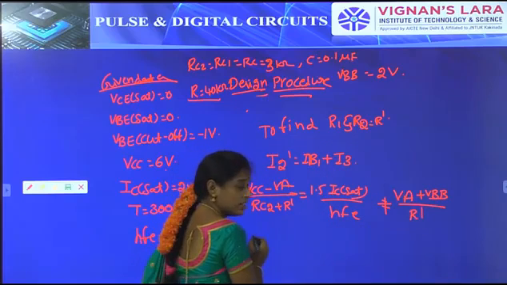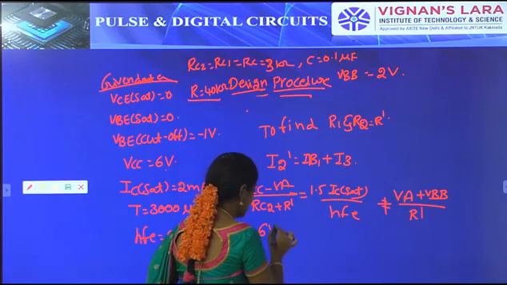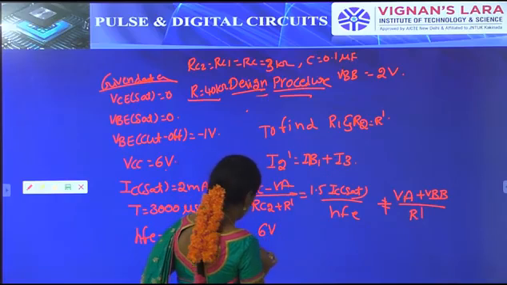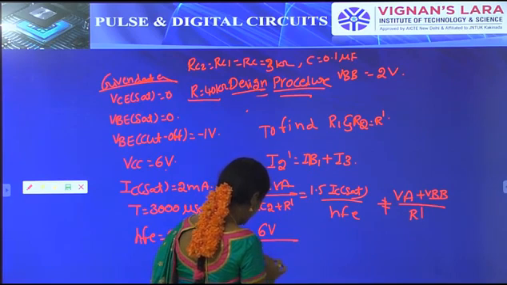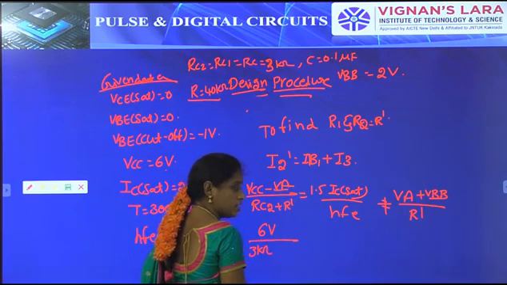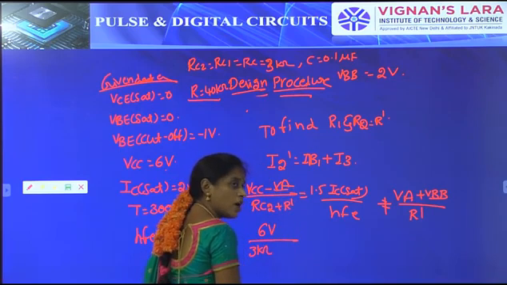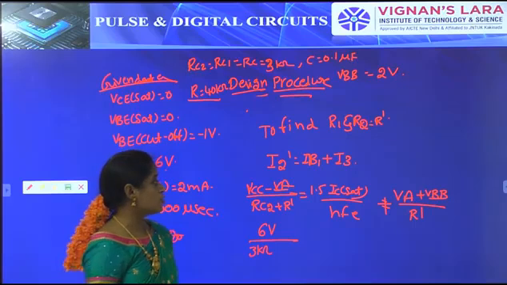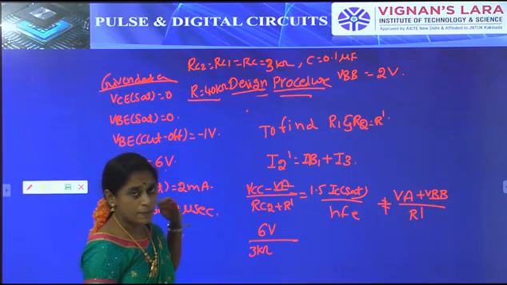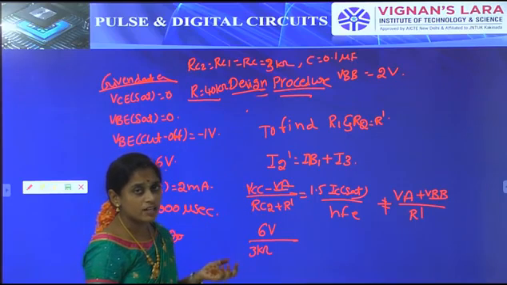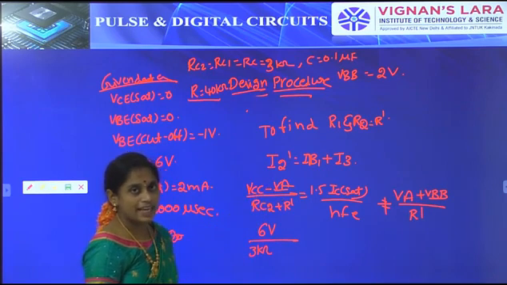What is VCC? VCC is 6 volts. As we know, RC2 is 3 kilo ohm. And here VA becomes 0. Why? Because transistor Q1 is in on condition. When the transistor goes to on condition, in the problem we assume that the base junction voltages will be negligible. So here the VA voltage will be negligible.